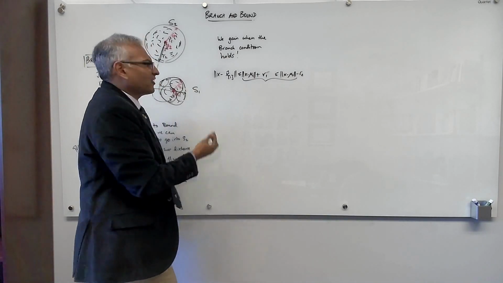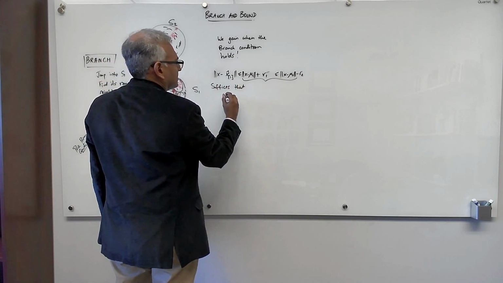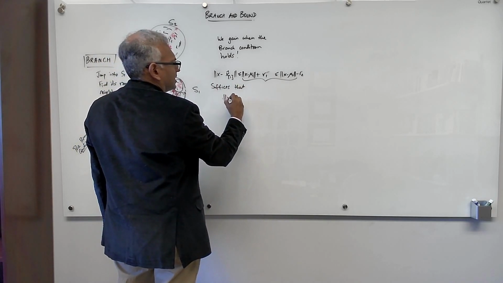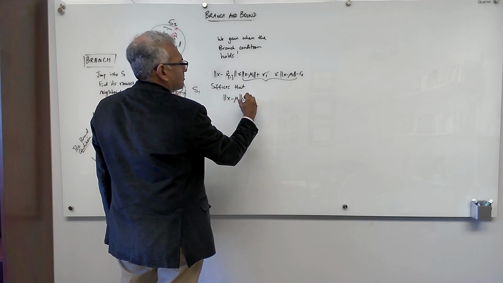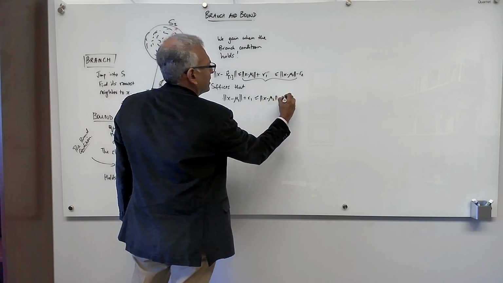So it suffices that ||x - μ1|| + r1 ≤ ||x - μ2|| - r2.